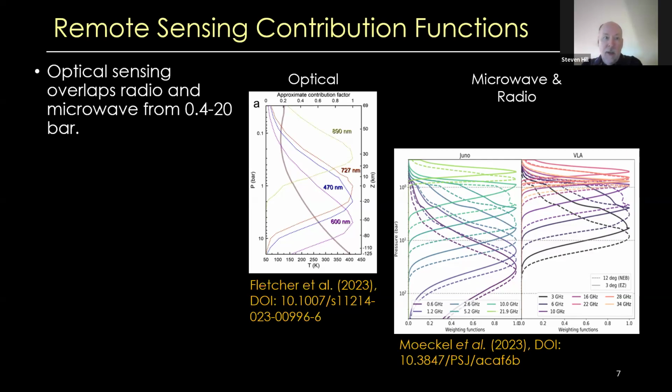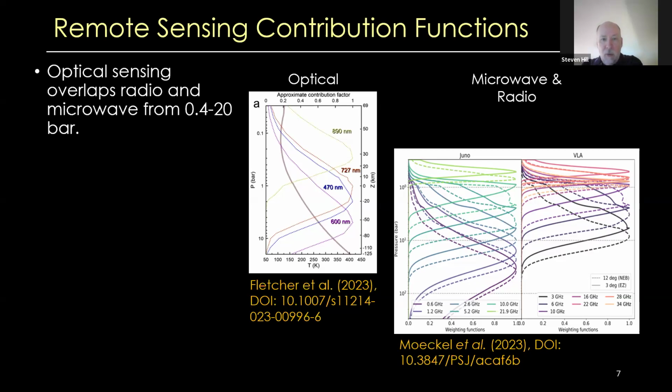On the left here, you have the optical and very near infrared contribution function. You can see that the 890 nanometer band there sees very high in the atmosphere. That's the prominent, well-known methane band that's observed. But in the continuum in red, we can see much, much deeper, past 2, 3, 4 bar.